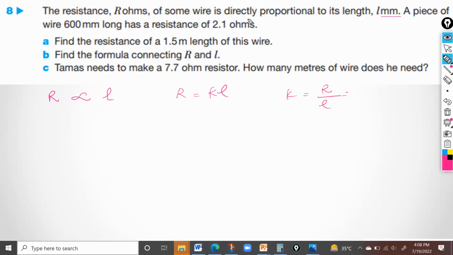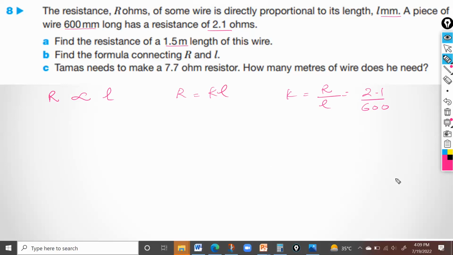So resistance in the beginning was given 2.1 divided by 600. Okay, but here 600 millimeters I can change into meters as well, because in the question I have 1.5 meter length. So better if I change the 600 millimeters into meters.